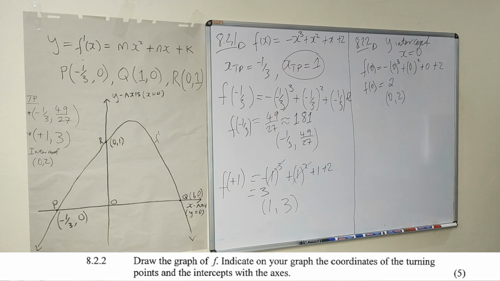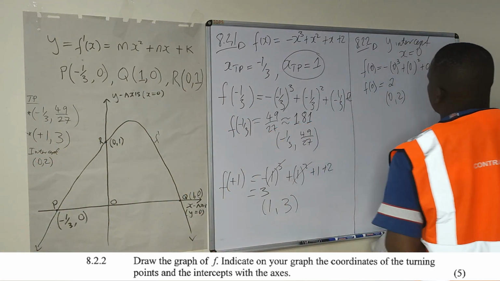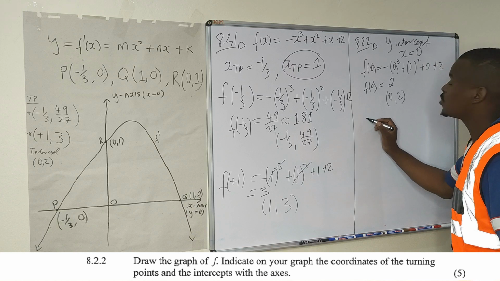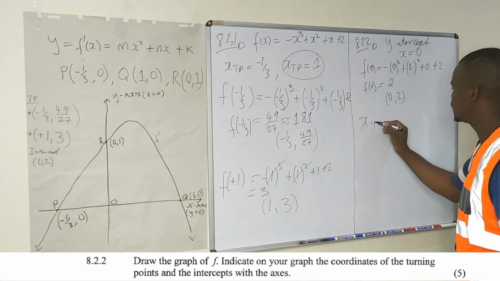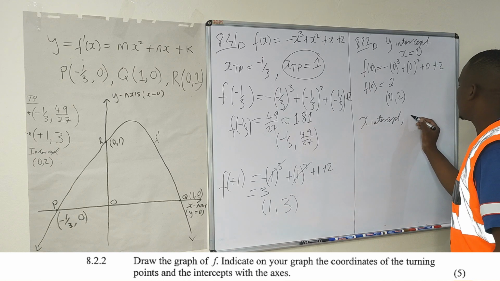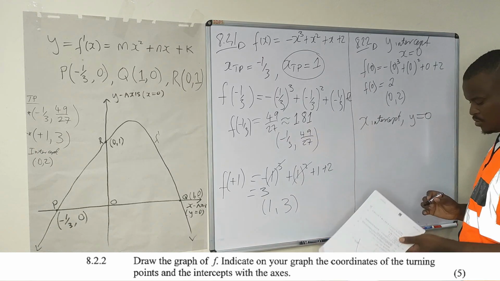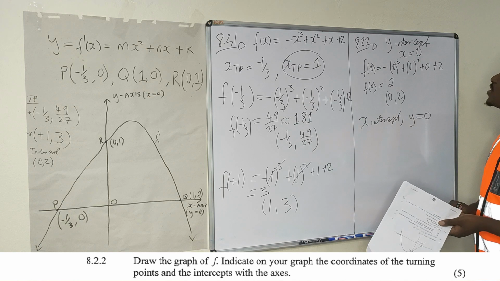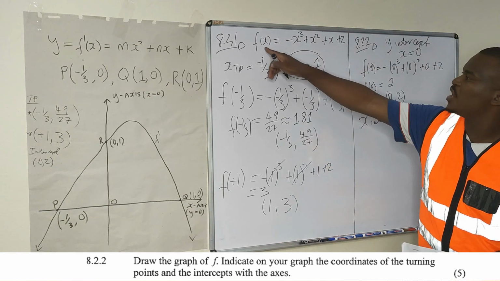Now, you need to find what? The x-intercept. To find the x-intercept, we know the corresponding y value is 0. So which means we substitute our 0 there.